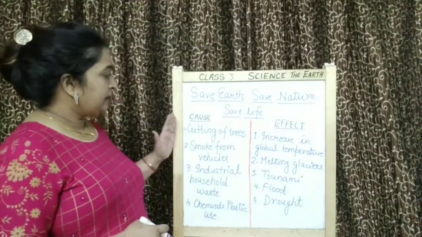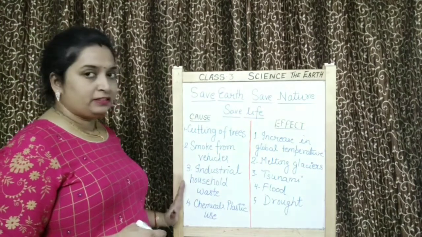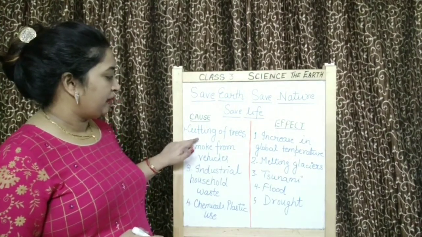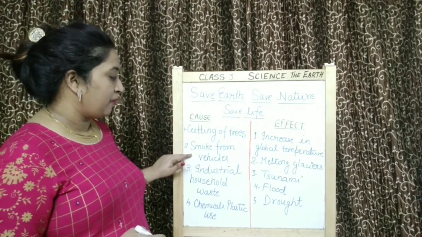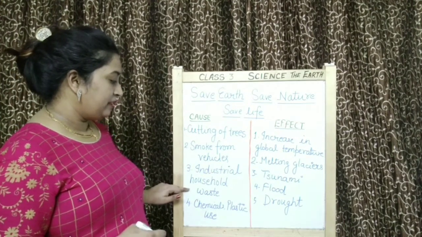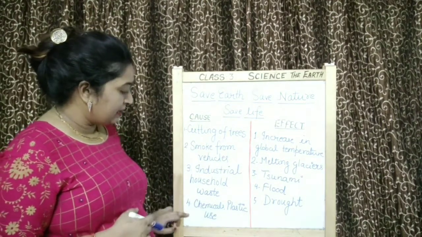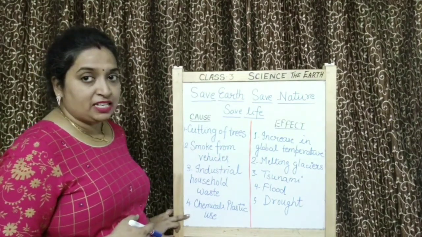So again this is making air unclean, dirty. The waste products are making the river dirty. So children, these are different causes of damaging of earth. First one is cutting of trees. Second one is smoke from vehicles. Third one is industrial or household waste. And the next one is chemicals or plastic use.